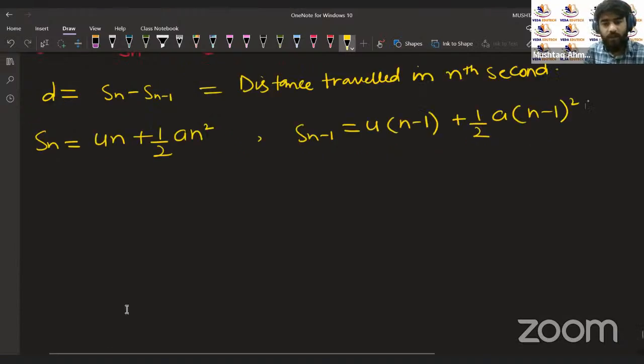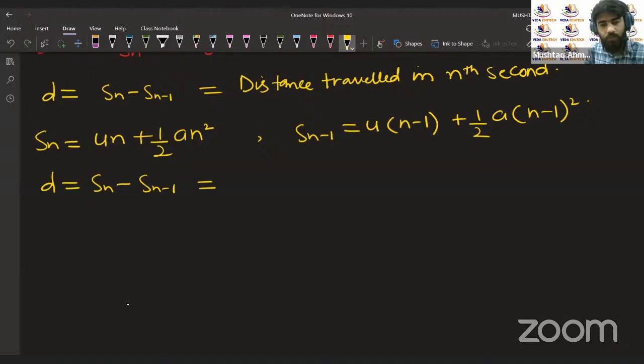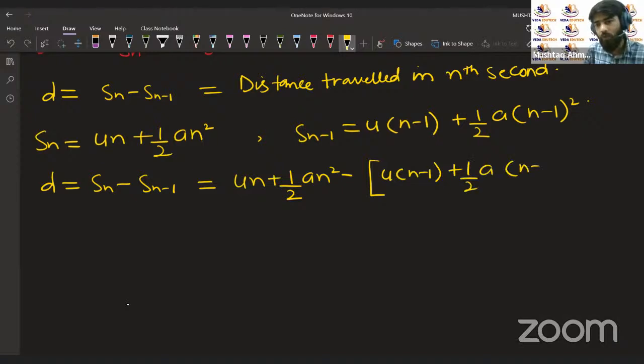So the distance in the nth second is Sn minus Sn minus 1, that's equal to un plus half an square minus u n minus 1 plus half a n minus 1 whole square, right?